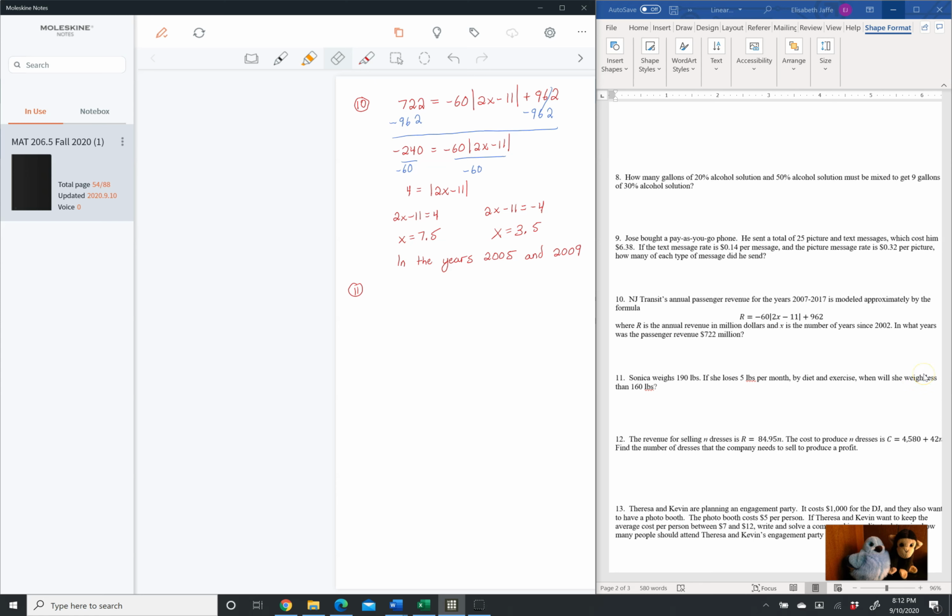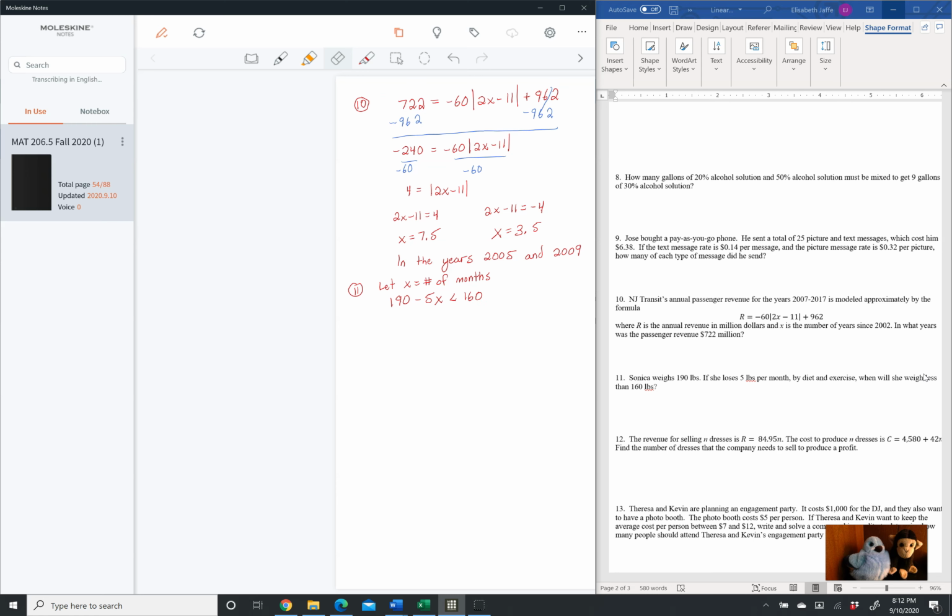So she starts off at 190. She's losing 5 pounds per month. So we want to know when 190 minus 5 times x is less than 160.